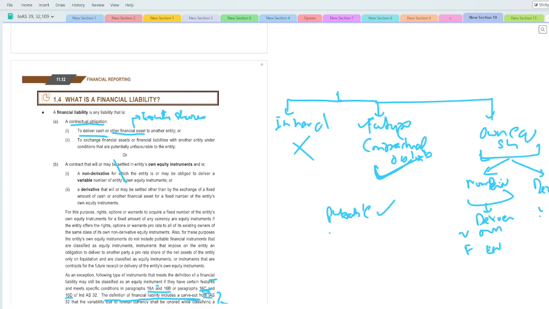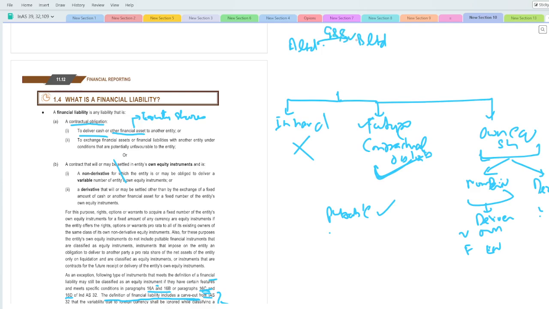Suppose I take one example: A Limited has a debtor, B Limited. A Limited has provided goods or services.